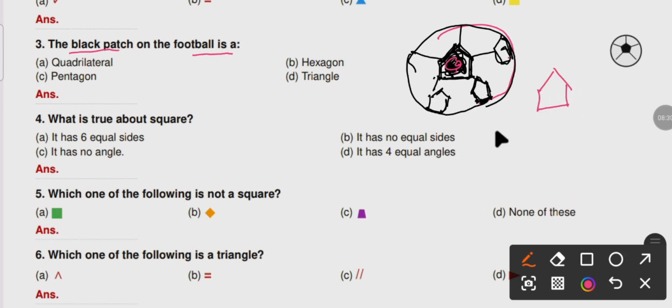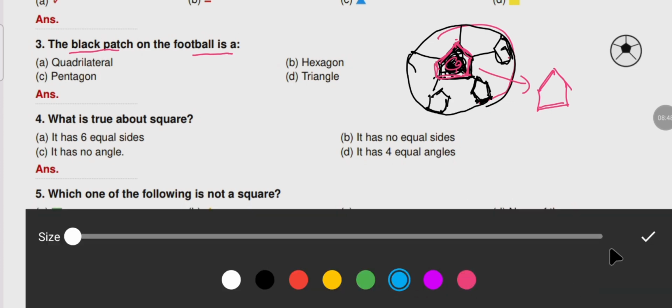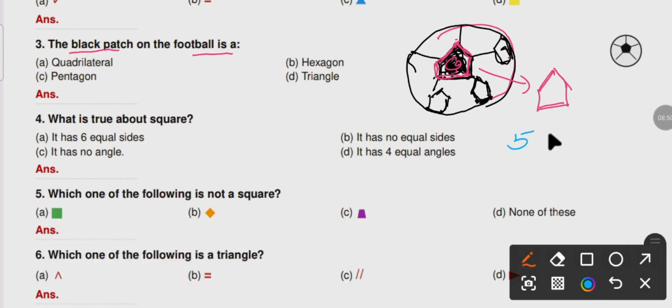How many sides? Count the sides: 1, 2, 3, 4, 5. This is the picture, same: 1, 2, 3, 4, 5. So how many sides here? There are 5 sides.